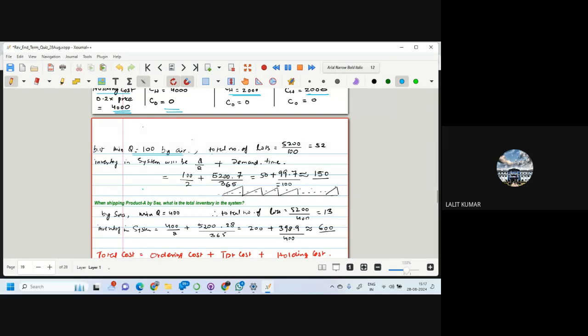So what will be the total number of lots? Total demand divided by 100, which comes to 52. Now, inventory in the system comprises two parts: one which you are holding in the inventory, and second which is in transit.